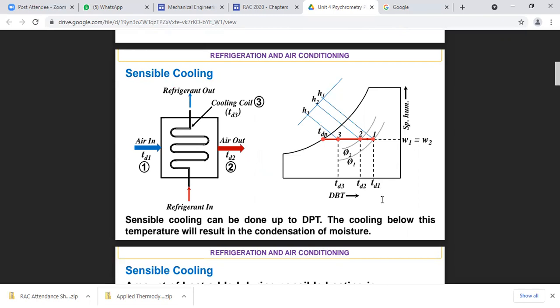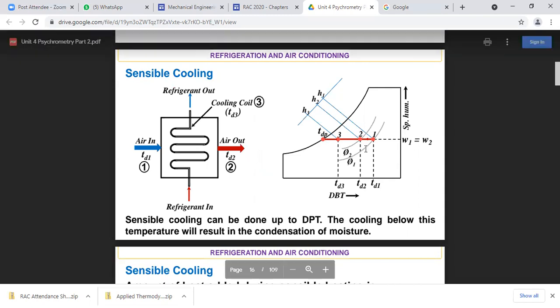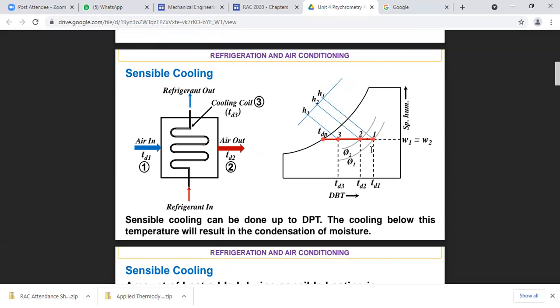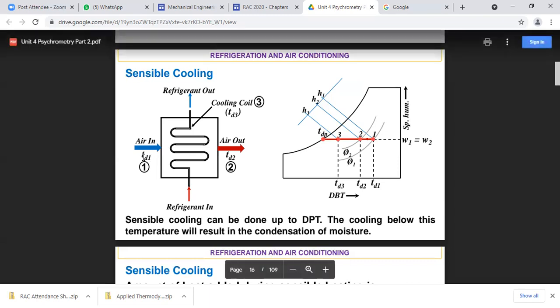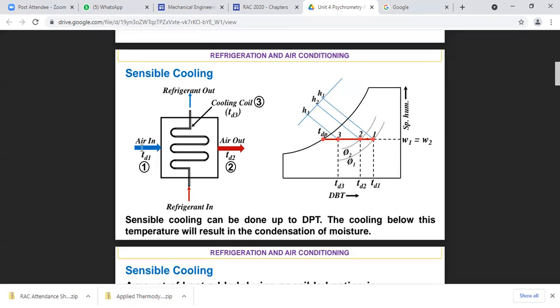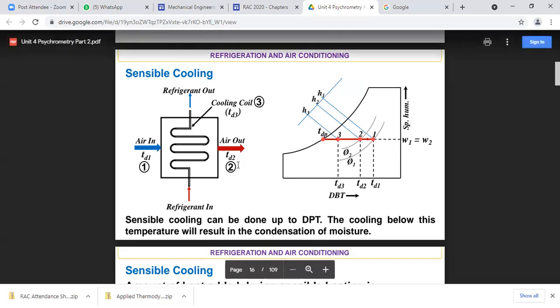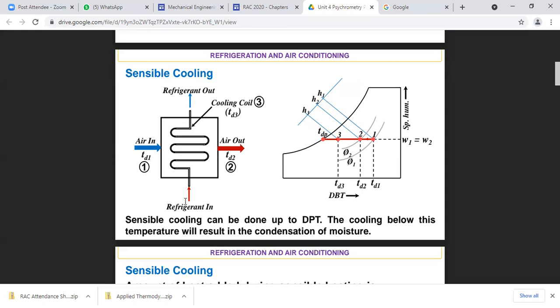So the specific humidity remains constant during this sensible cooling, and the dew point temperature also remains constant. You can observe over here, air is coming at point 1 at TD1 and it goes to point 2 at TD2. But here refrigerant we are providing for cooling purposes. So it will extract the heat from the air and it will be cooled.